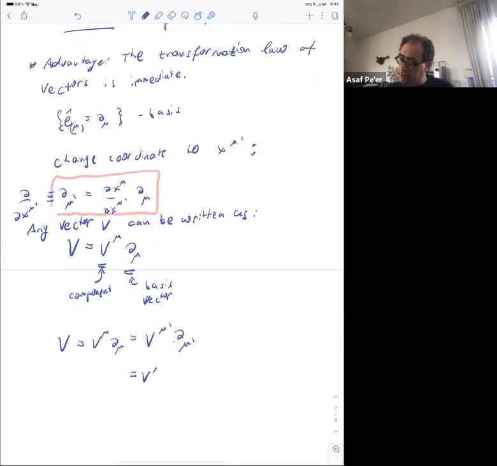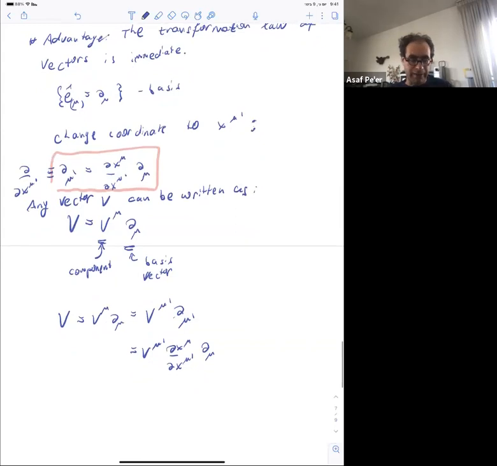So it's just v^μ' ∂x^μ/∂x^μ' ∂_μ. Now we just take the inverse of this matrix ∂x^μ/∂x^μ'. And so we end up that v^μ' is just ∂x^μ'/∂x^μ v^μ.